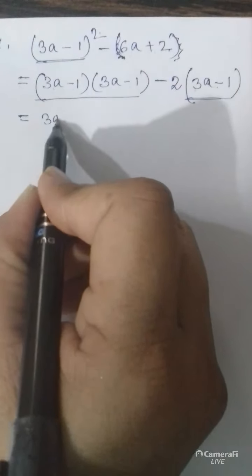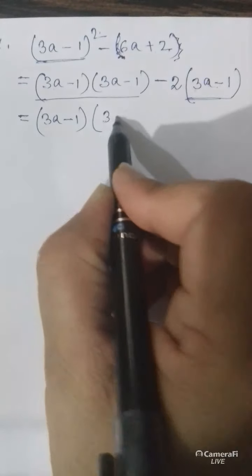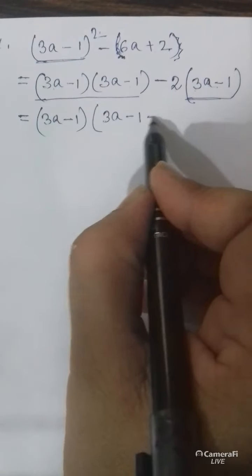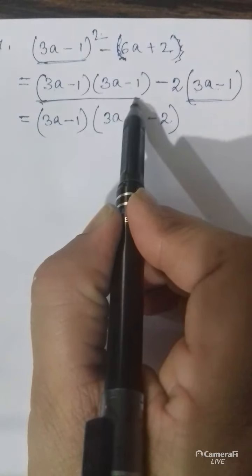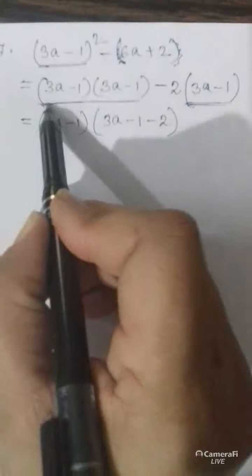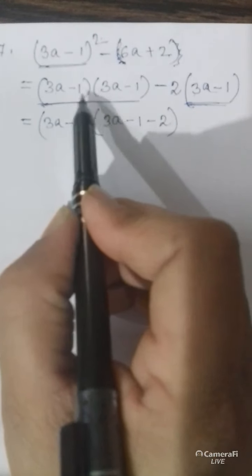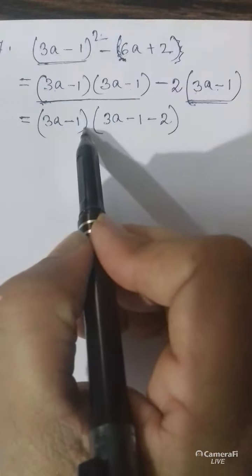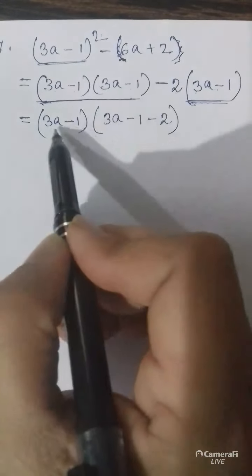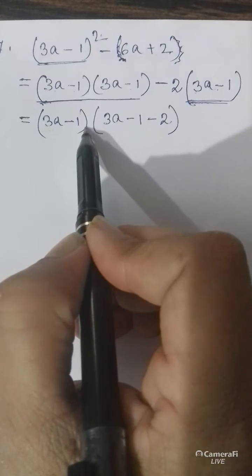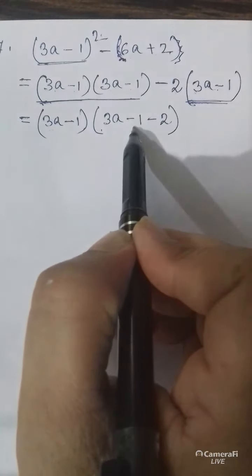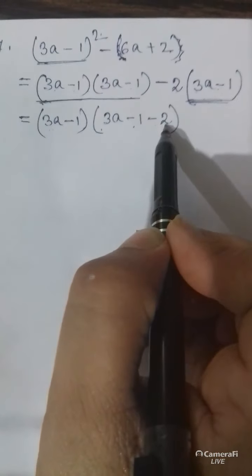So 3a minus 1 is the common factor between the two terms. If we take 3a minus 1 common, then 3a minus 1 is left in the first term, and minus 2 is left in the second.